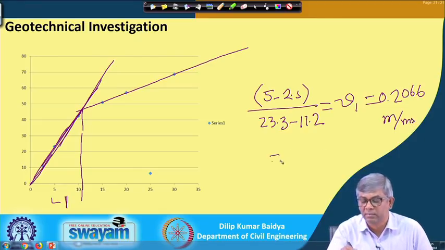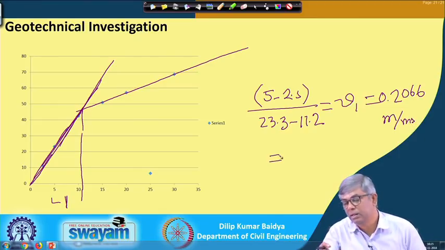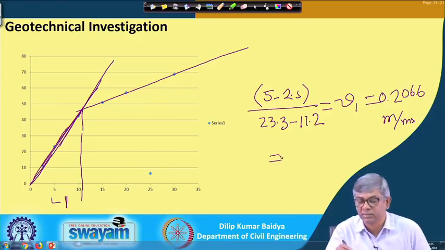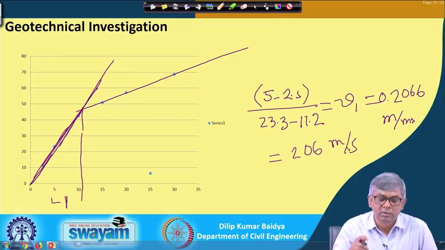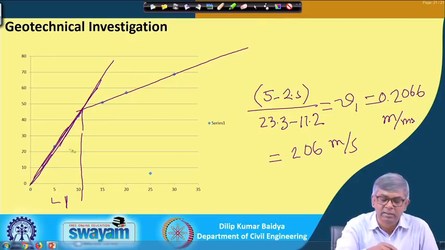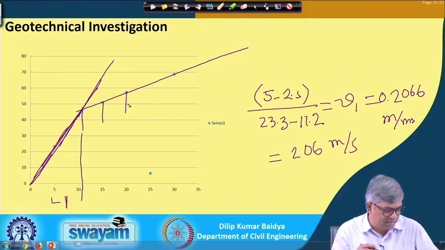If I make it meter per second, it will be 206 meter per second. Similarly, I have taken the first two; I can take 2 and 3, and that also you can calculate. And similarly, if I want to find out the slope or velocity of this line, I can take these two readings.